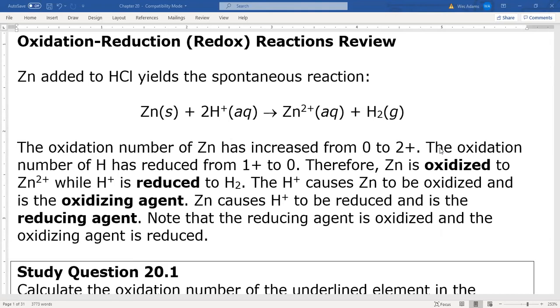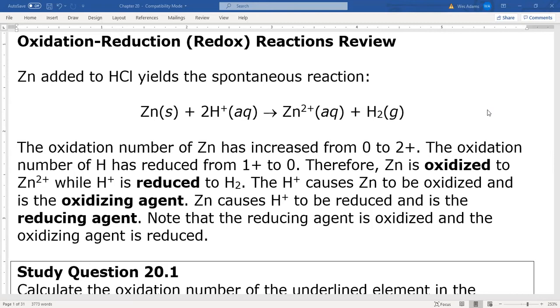That is, the oxidation number of the zinc has gone from 0 to 2+, and the oxidation number of the hydrogen has gone from +1 to 0, because remember, free elements are 0 in terms of oxidation state. So the zinc has been oxidized to zinc +2, while H+ is reduced to H2.